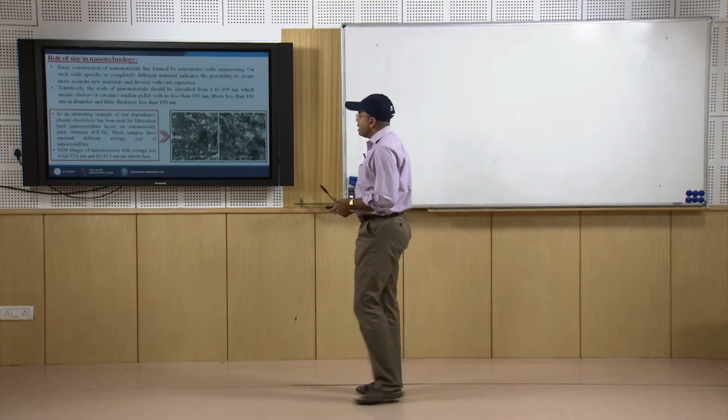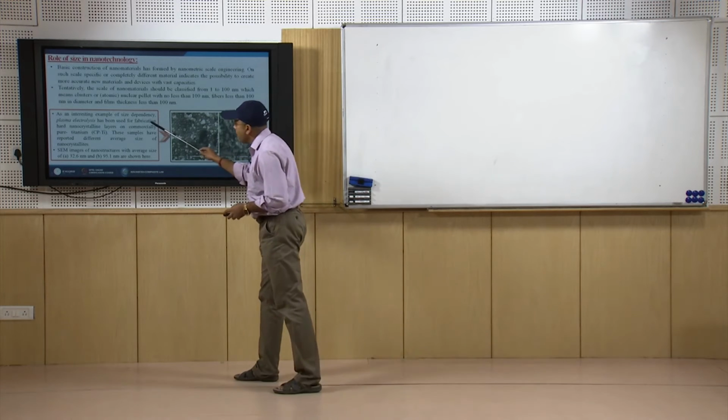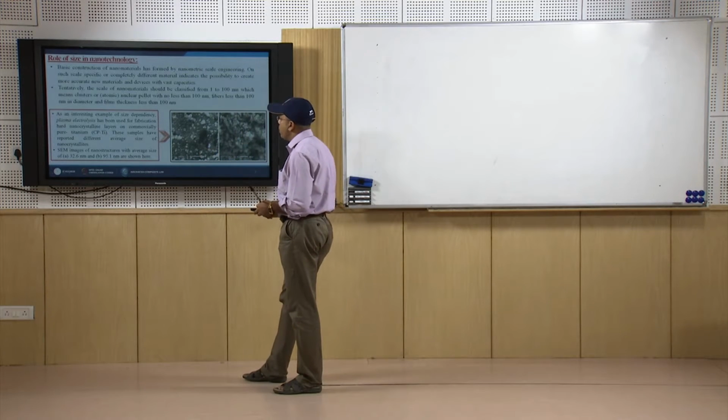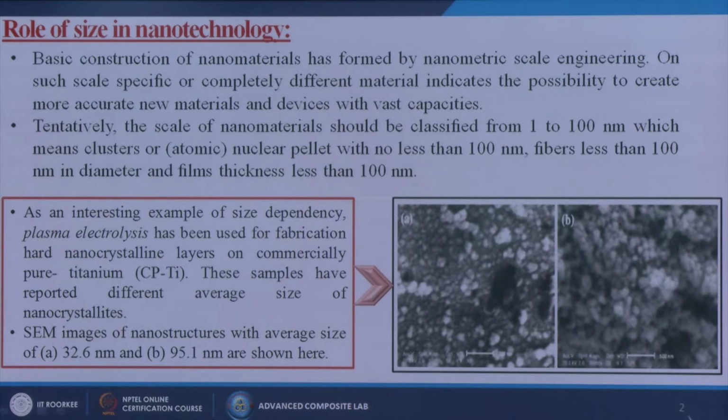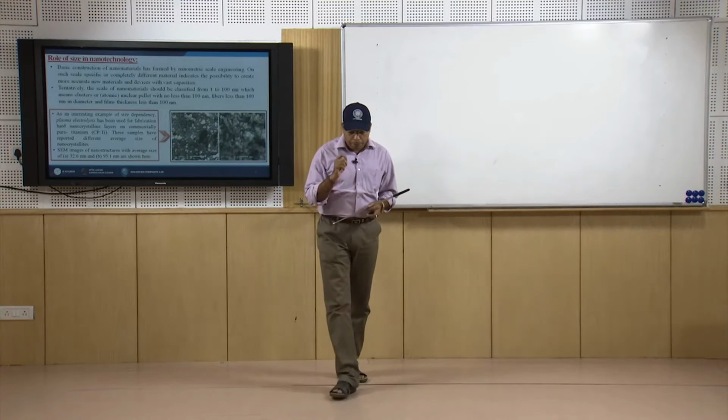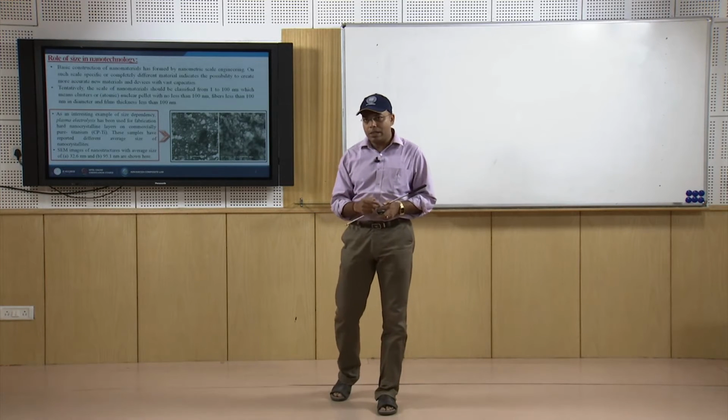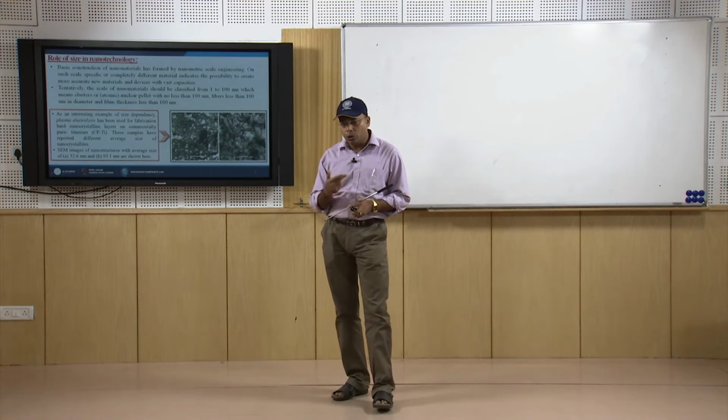As an interesting example of size dependency, plasma electrolysis has been used for fabricating hard nanocrystalline layers on commercially pure titanium. These samples have reported different average sizes of nanocrystallites. When we talk about properties, generally they depend upon two things.